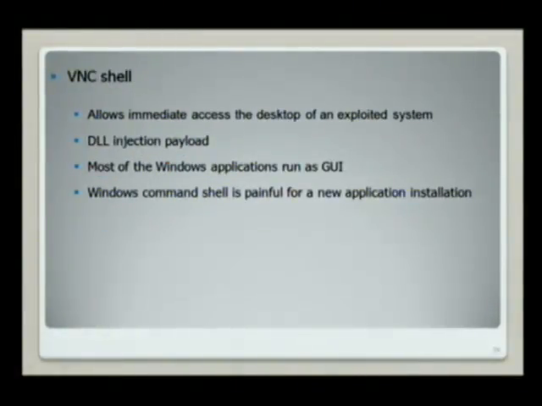And then the VNC shell is for the condition where, let's say, you want to have GUI access on a Windows machine, and you want to use your Windows machine to compromise another system. Uploading your tools or installers will be harder, because most Windows applications run as GUIs anyway. So you can simply use these VNC shells to do your work.